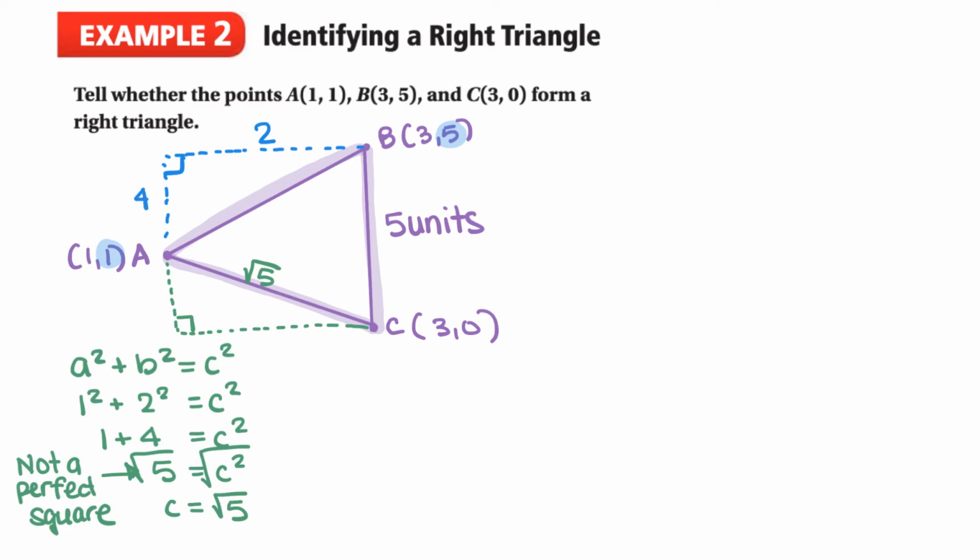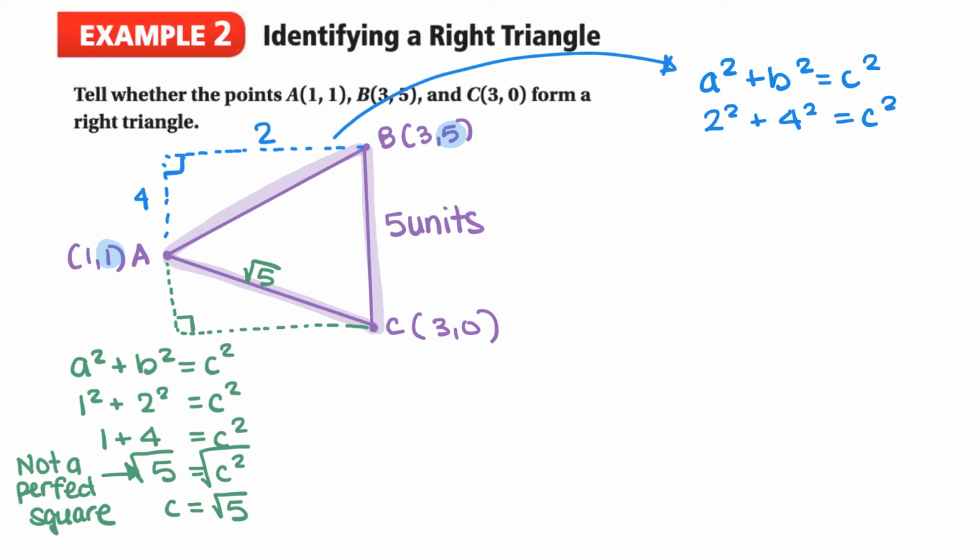So now I have this other right angled triangle. Again, I can do a squared plus b squared is equal to c squared. I can say 2 squared plus 4 squared is equal to c squared. Now I have 4 plus 16 is equal to c squared, and then I have 20 is equal to c squared.